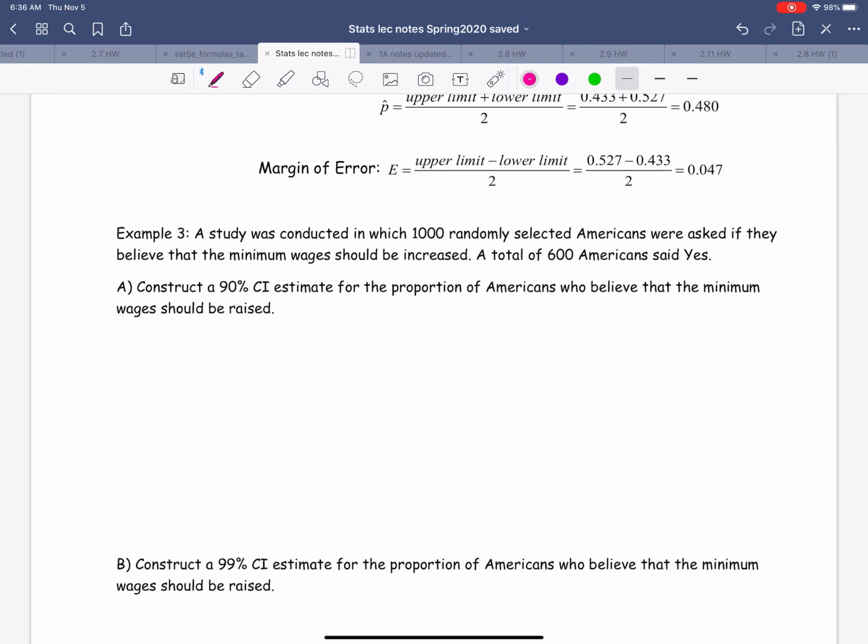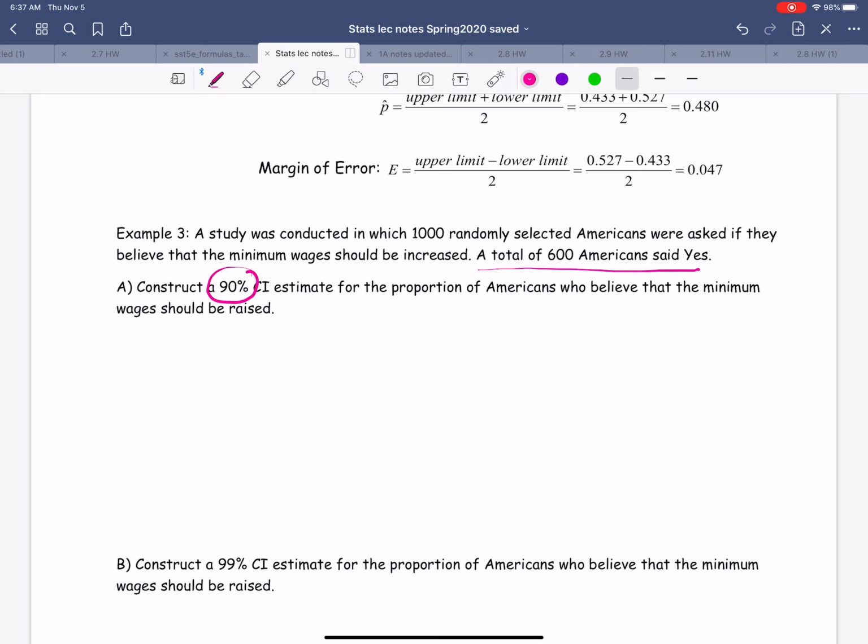A study was conducted in which 1,000 randomly selected Americans were asked if they believe the minimum wage should be increased. A total of 600 Americans said yes. Construct a 90% confidence interval. This is important.